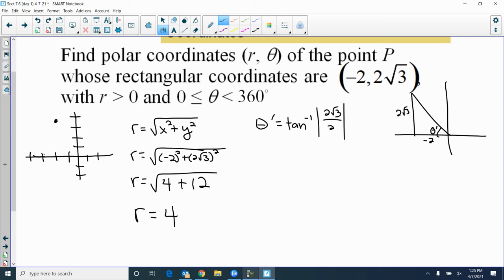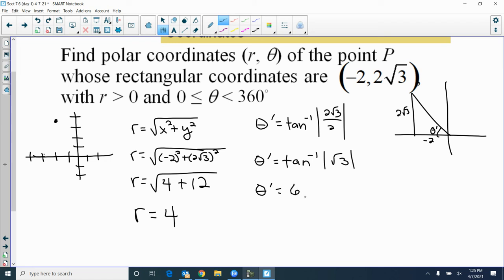The 2's cancel, and I get theta prime equals inverse tangent of square root of 3. All right, go ahead and use your calculator if you want to. You don't have to. Emily, let me know what you get. 60 degrees. So we get 60 degrees.